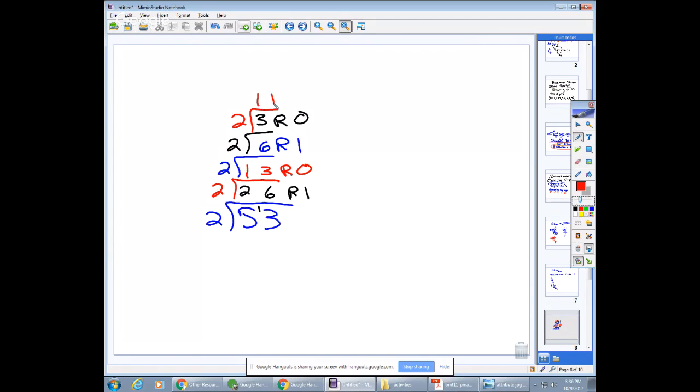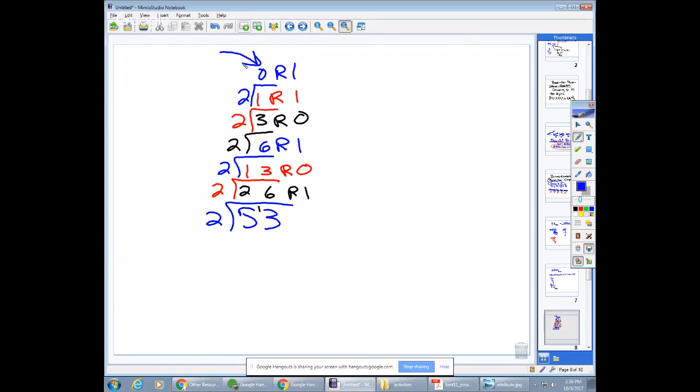Once. Remainder 1. Keep going. I'll tell you when we're done. Let's try blue. 2 goes into 1. 0 times. Remainder 1. Yeah, you're done when you get that 0 quotient at the top. That says, ding, you're all done.